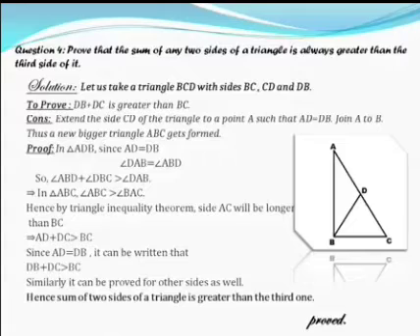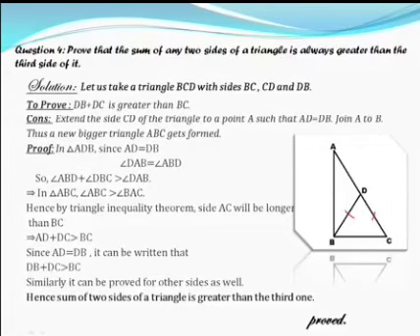For this, I have taken a triangle BCD, whose sides are BC, CD, and DB. Now I need to prove that DB plus DC is greater than BC, or the sum of two sides of the triangle DB and DC will be greater than the base side BC. We can take it for any other two sides as well, but for convenience, I have taken these two adjacent sides.